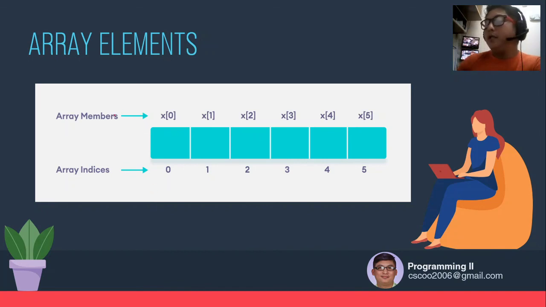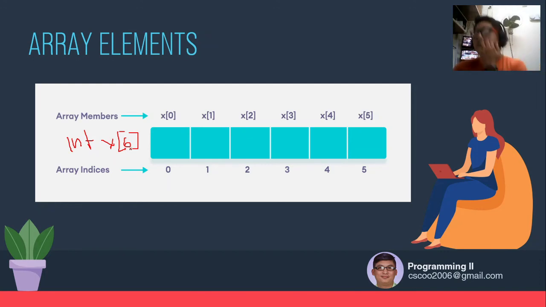So if you have int x with 6 compartments, let's say compartments, or let's say cells, your variable is presented this way.